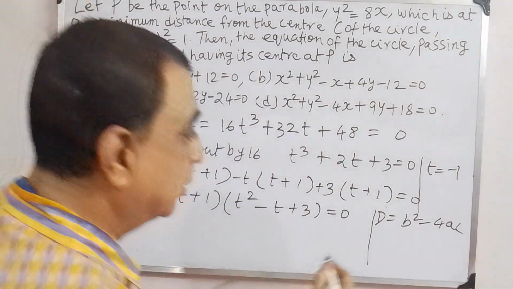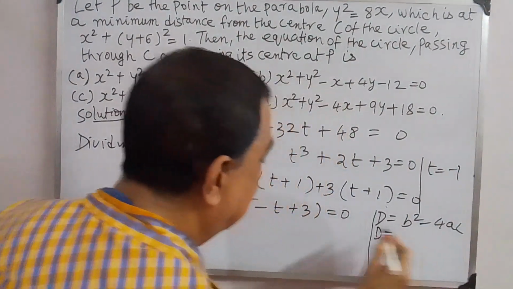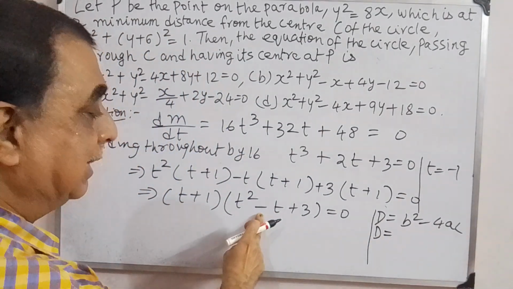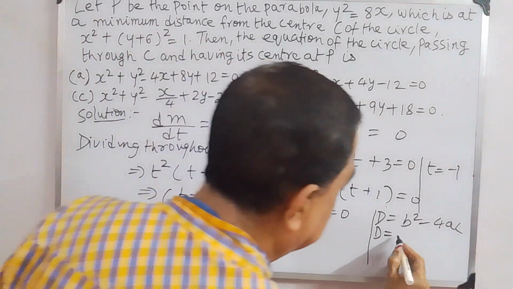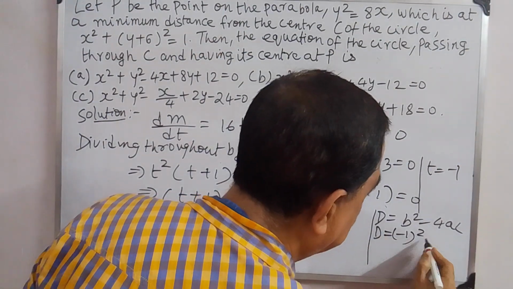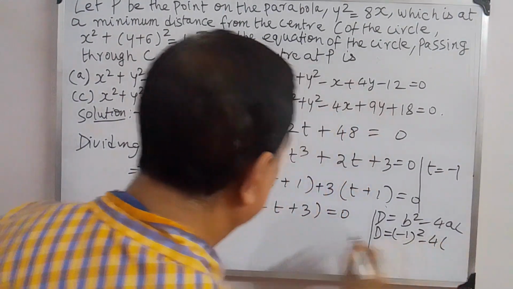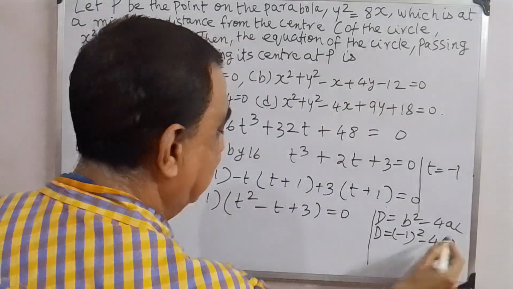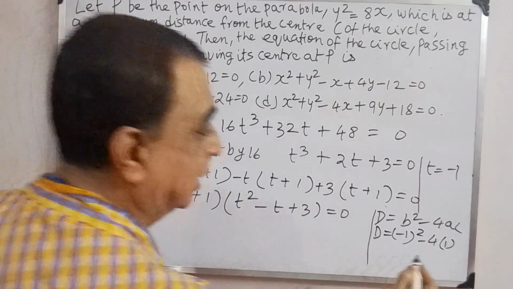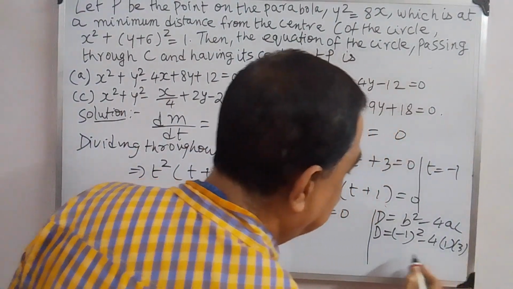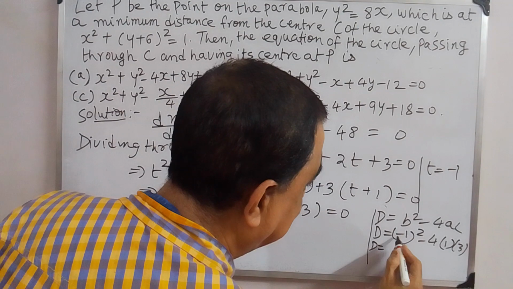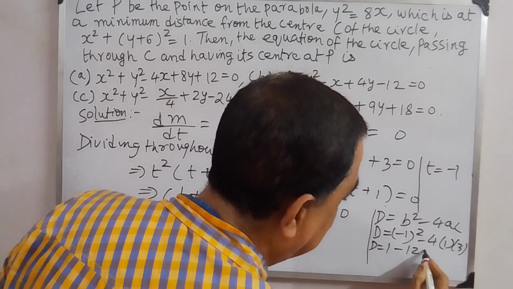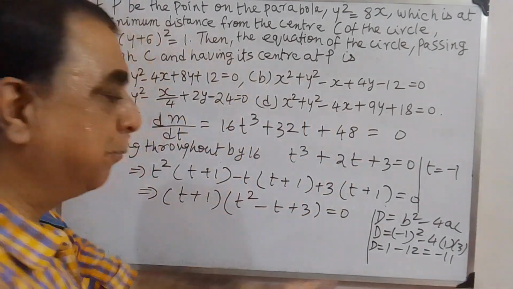Now check the discriminant here. b is the coefficient of t, which is minus 1, so minus 1 whole squared, minus 4. a is the coefficient of t squared, which is plus 1, and c is the constant term, plus 3. So the discriminant is minus 1 whole squared is plus 1, minus 4 into 3 is minus 12, which is minus 11, negative.